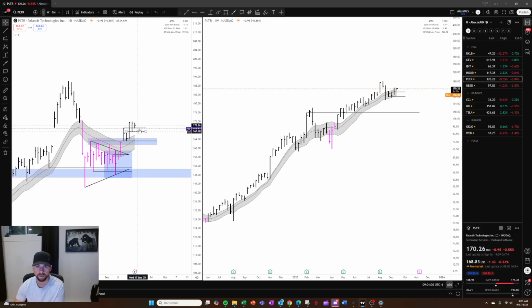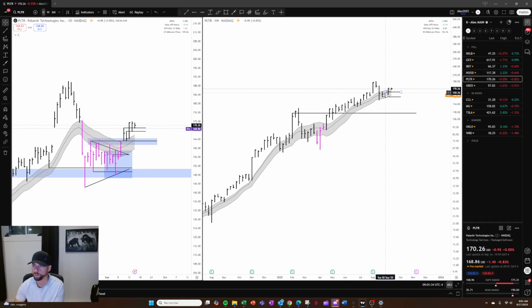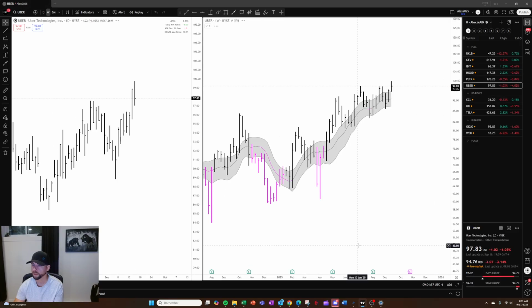But yeah, that's still acting great, especially on the weekly. We have that weekly reversal setup and reclaim of the entire weekly structure. So based on the weekly and that close on Friday, I'm still pretty positive and bullish on that setup right now. But let's see how we close the week.